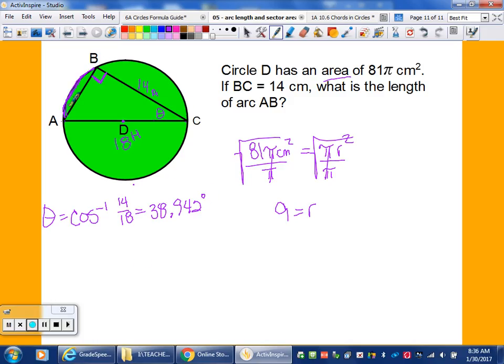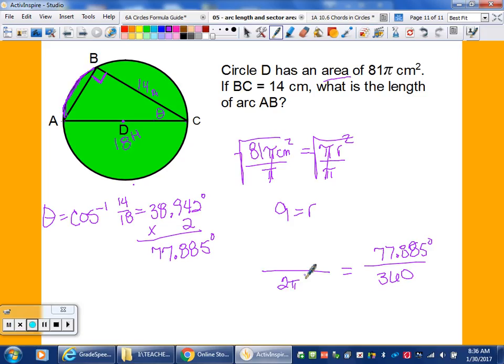I need the arc measure of AB. That's not so hard. I just multiply it by 2. And the arc measure ends up being 77.885 degrees. So now I can do my arc length formula. 77.885 degrees. 2 pi times my radius of 9, x on the top, cross multiply and divide.